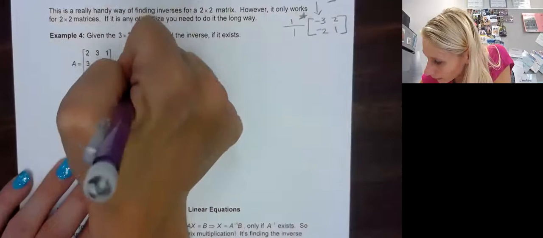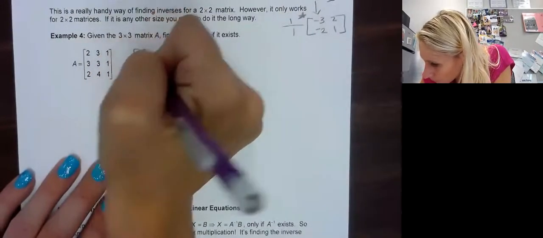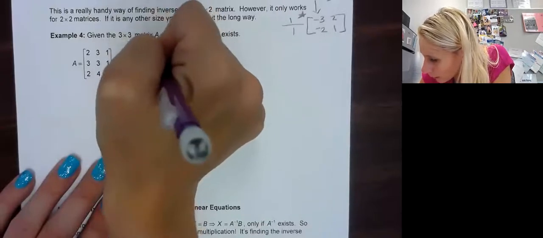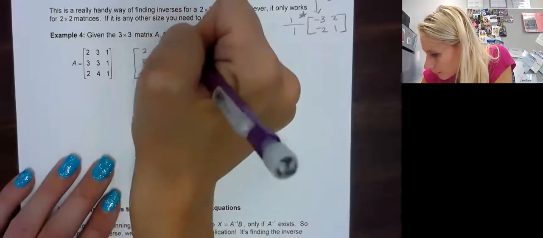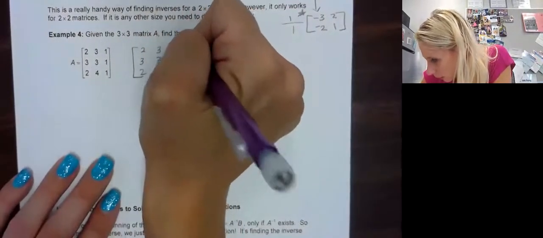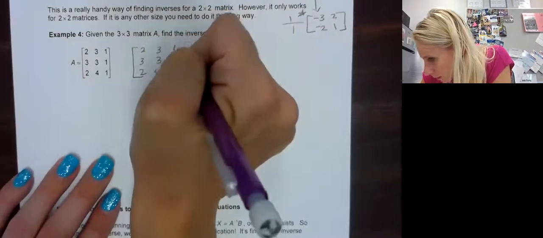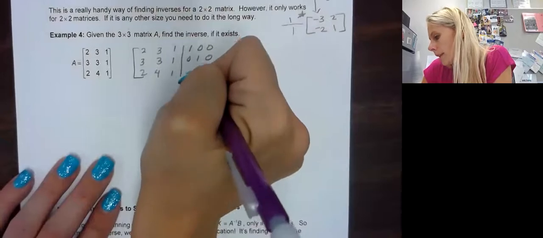All right. 2, 3, 2, 3, 3, 4, 1, 1, 1. Draw our line, draw our identity. So 1, 0, 0, 0, 1, 0, 0, 0, 1.